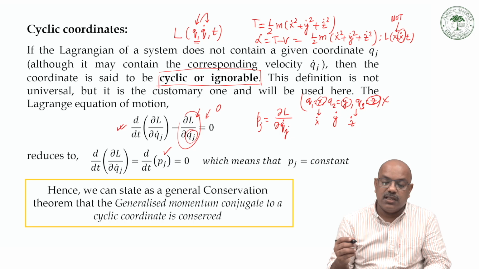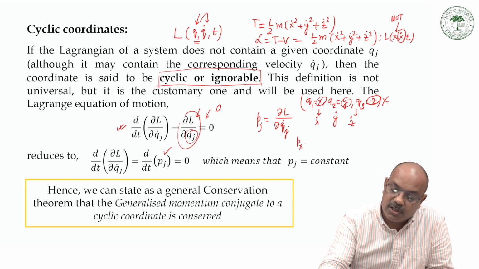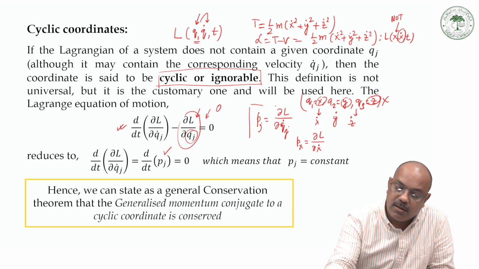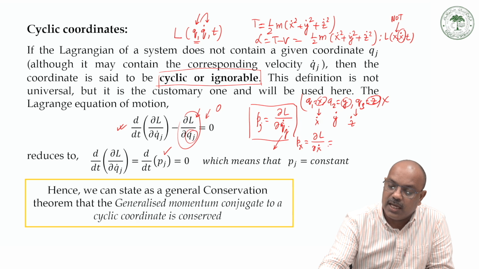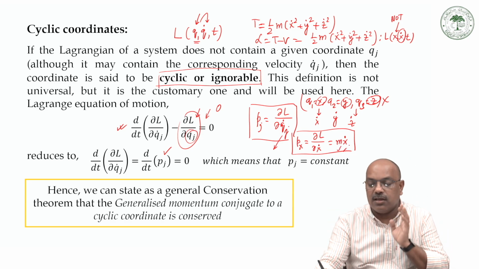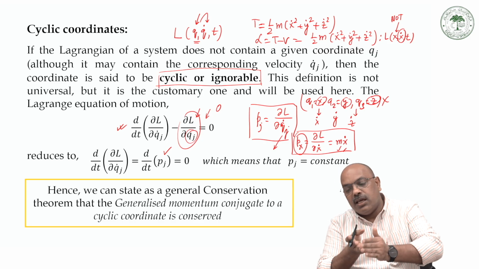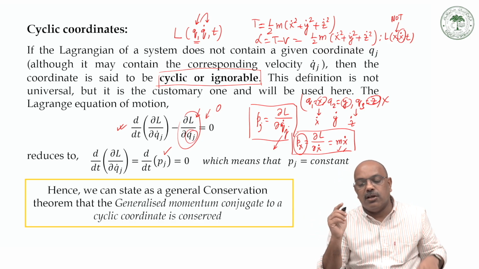As we have already seen, the corresponding generalized momentum is going to be delta L by delta x dot, based on the definition, which is m x dot. This is mass times the velocity in the x direction, so the linear momentum component in the x direction is going to be a constant of motion.